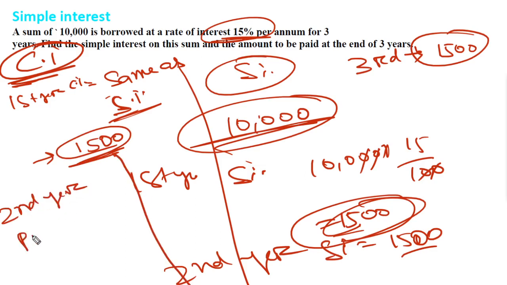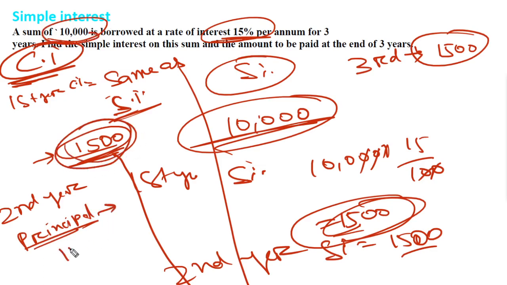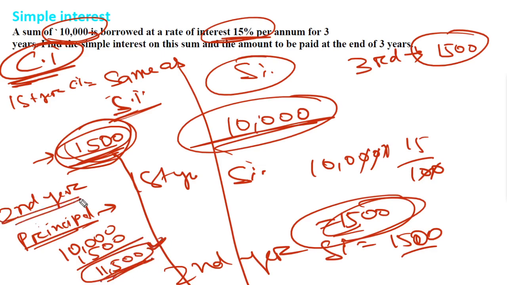Who becomes the principal? Principal becomes 10,000 plus this 1,500, that will be equal to 11,500. So you have to pay the interest on 11,500 for the second year. And for the third year the principal will similarly change.